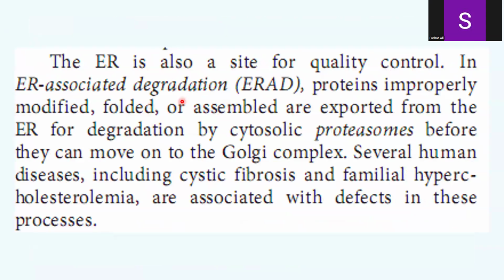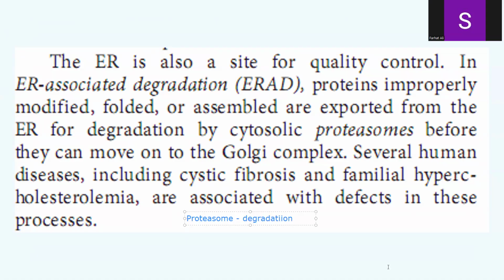Another important thing for the ER is that there are proteins which are improperly folded, or proteins which are no longer needed. The cells contain a complex called a proteasome. Proteasome is important for the degradation of the proteins.